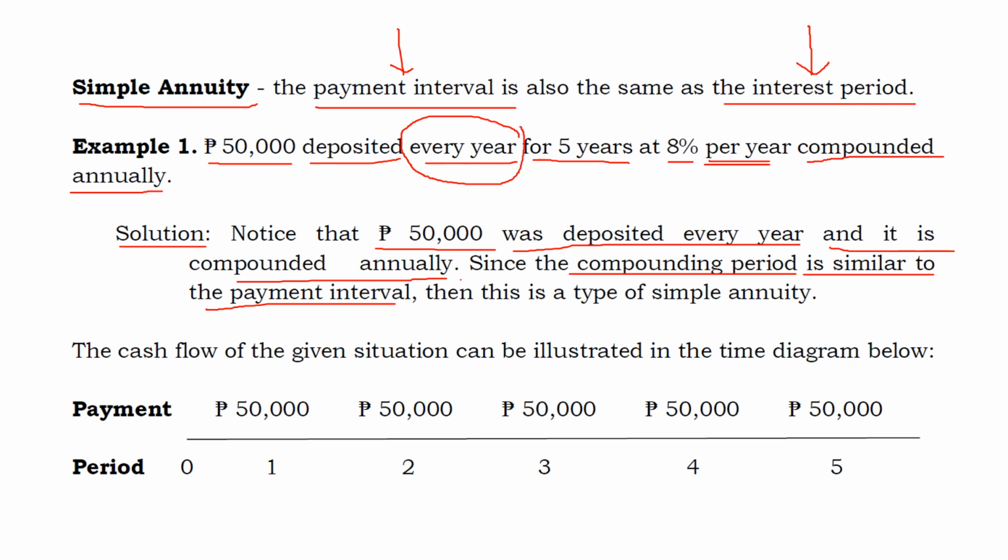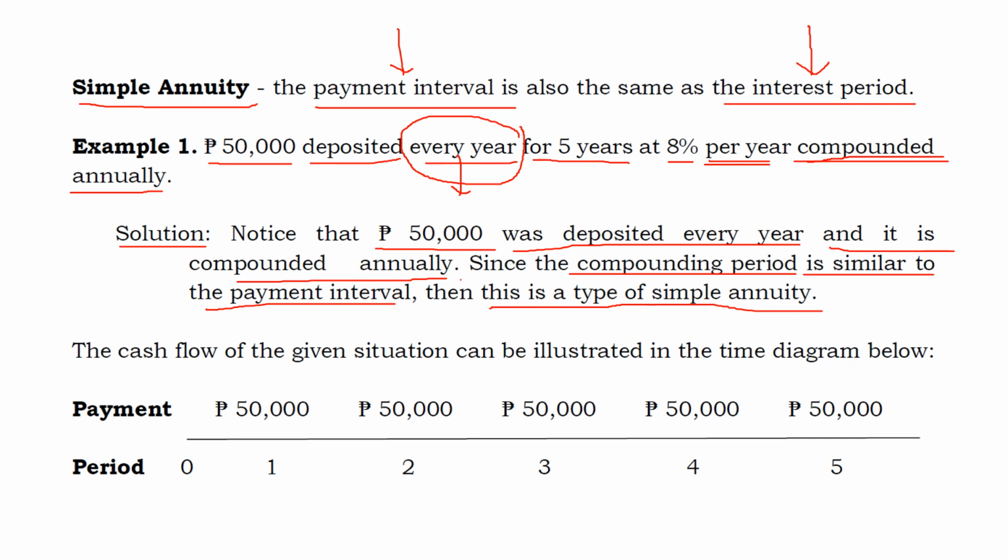After a year, there is another 50,000 pesos, and the compounding period is also per year. Then this is a type of simple annuity.